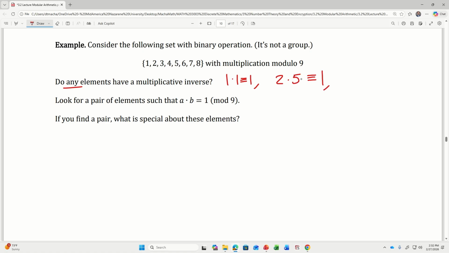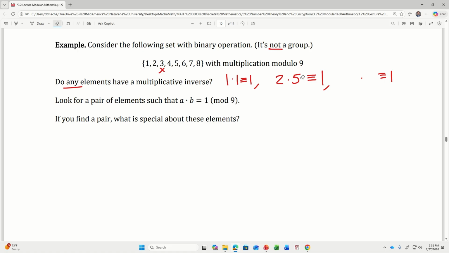What about 3? Is 3 times something congruent to 1? 7? 3 times 7 is 21. 21 mod 9 is 3. That doesn't work. Nope. So 3 does not, which is why this is not a group.